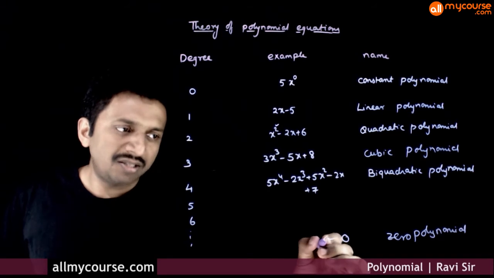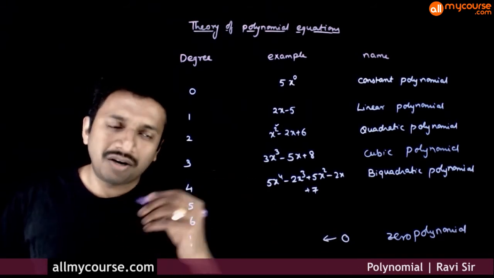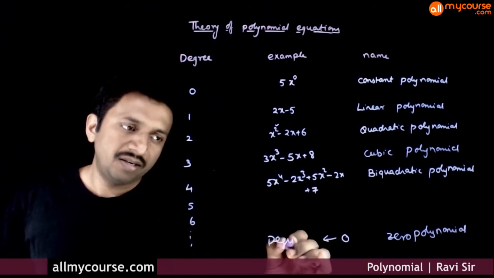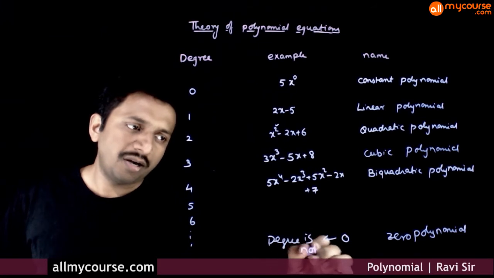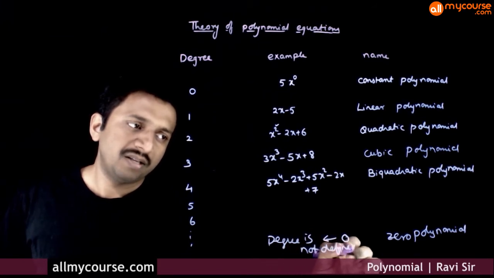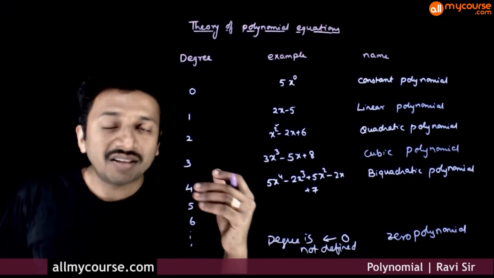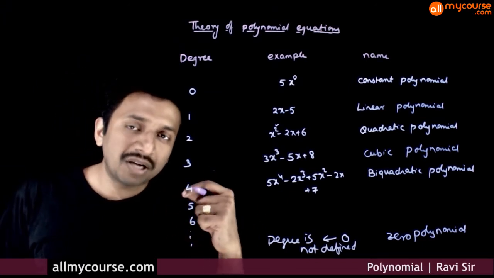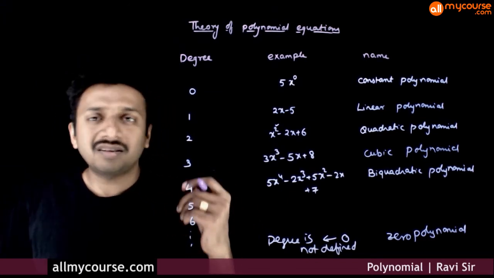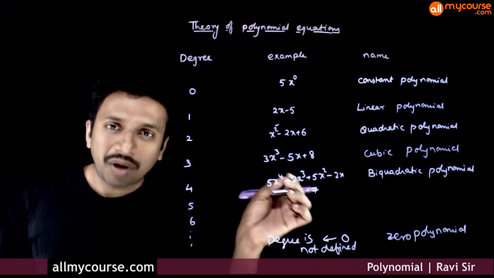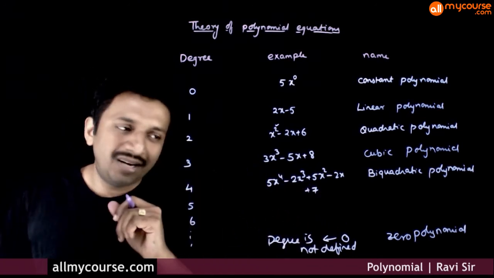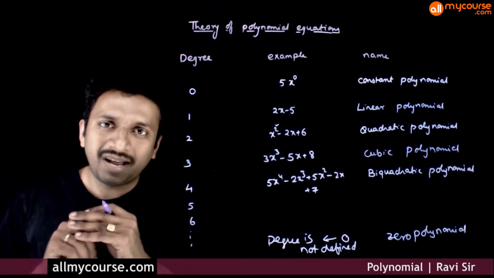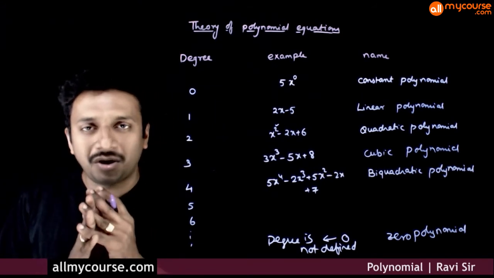And for the constant 0, the degree is not defined. So other than 0, if you have any other constant, then it becomes a constant polynomial whose degree is 0. But if you have the number 0, it is called a 0 polynomial and the degree of the polynomial is not defined.